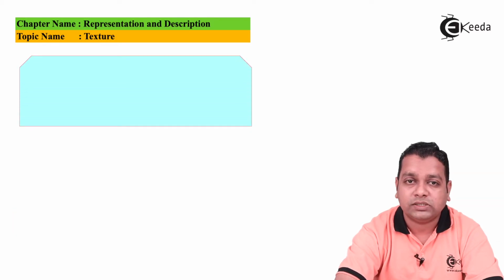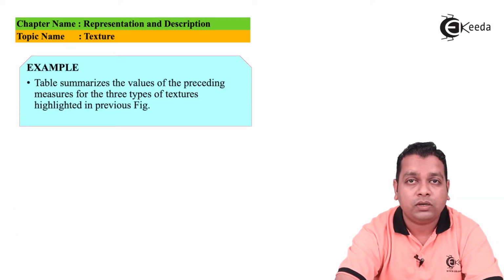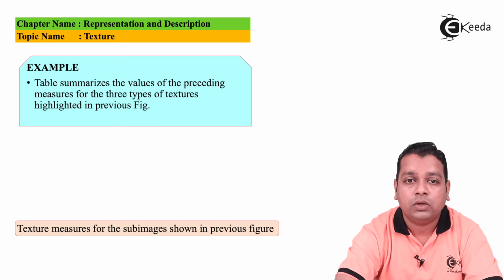We discuss one example with a table that summarizes the values of the preceding measures for the three types of textures highlighted in the previous figures, with respect to the square shown in every figure A, B and C.